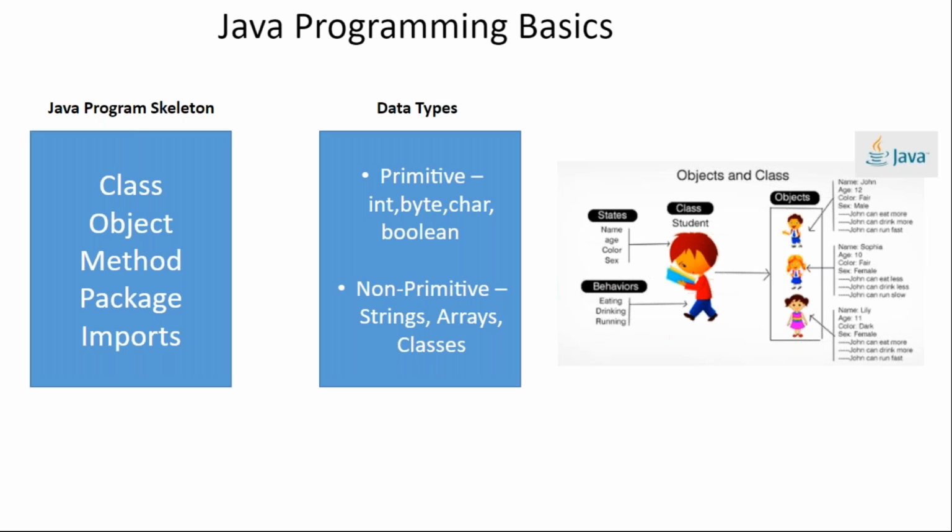Why is a class required? It has to receive the input from anybody. A person can provide an input, say I need to add 5 plus 3. So 5 plus 3 will be given to this class file. That has to be temporarily stored, right? Those 5 and 3 have to be temporarily stored before you do this operation. So those 5 and 3 will be stored in an integer or byte or string. Those are going to be your data types.